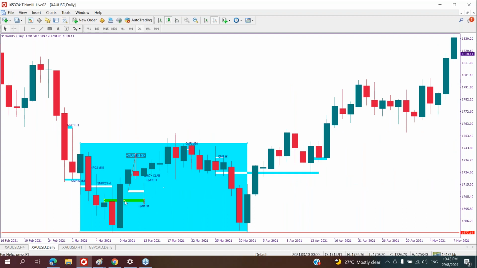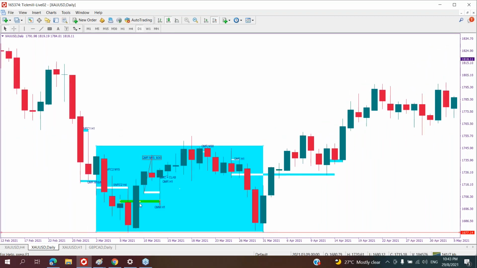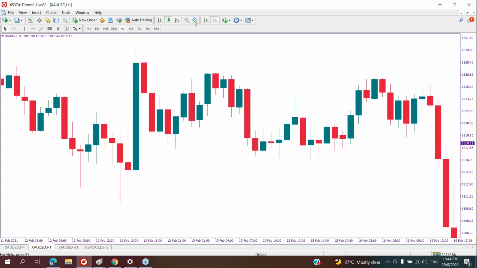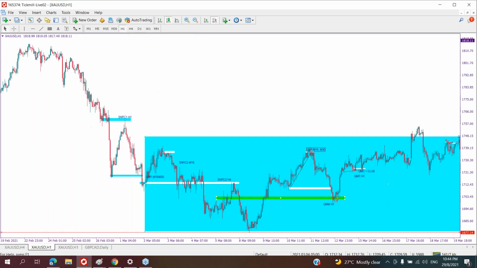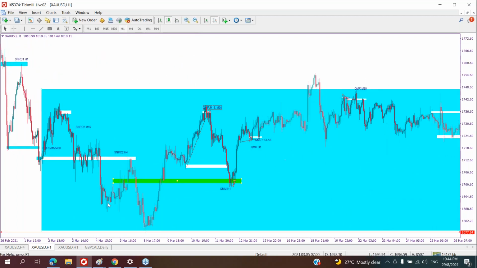This is compulsory if you want to enter QMM. If you don't find it, don't enter, or if you still want to, use a small lot only. But if you want to enter full margin, you have to make sure the higher time frame makes a bullish engulfing. This is really mandatory in QMM.